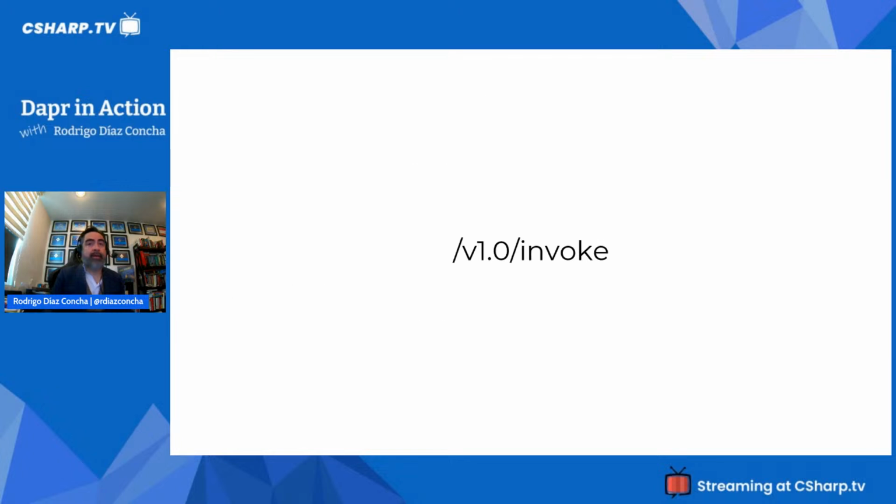Okay, so if you want to remember, Dapr is exposing this API, and if you want to use the service invocation building block, this is the endpoint, okay? v1.0 invoke. And then you pass the name of the application and then the name of the method that you want to execute.